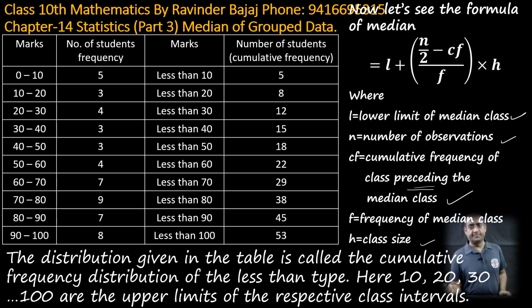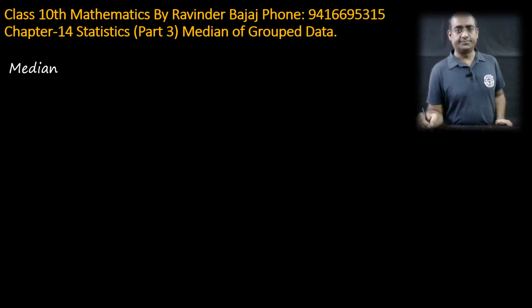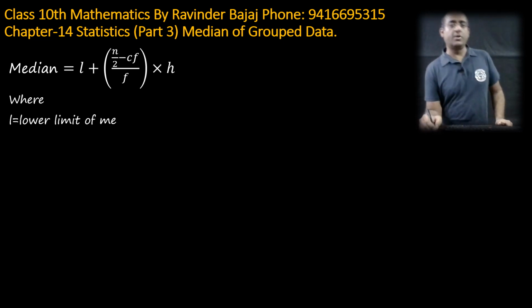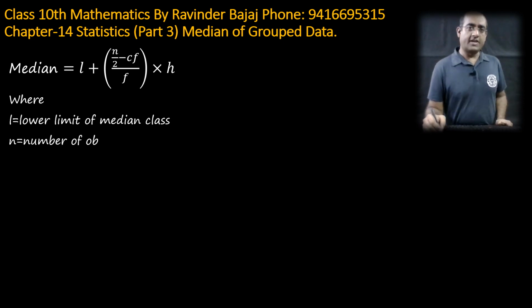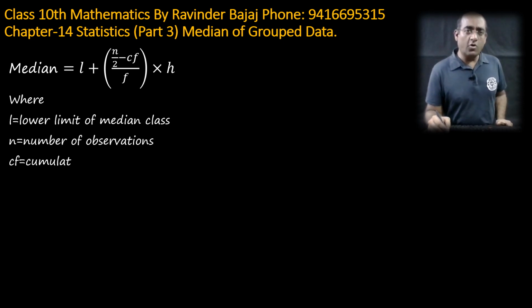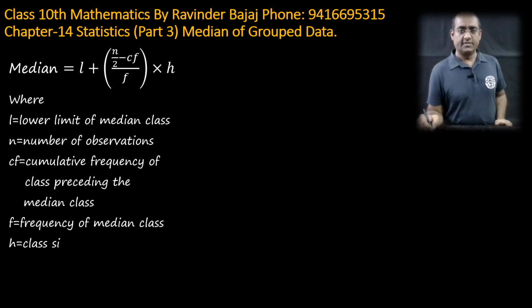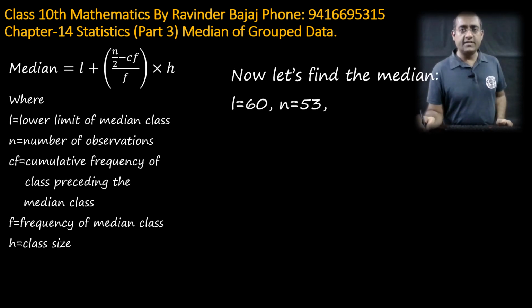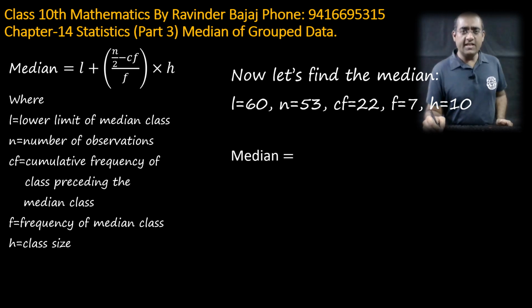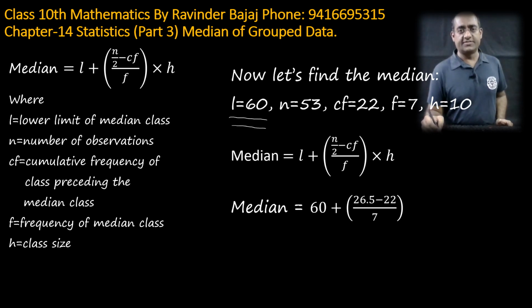See here. Median is equal to this. I'm writing this formula again for you. After writing this formula, I'll put all the values L, N, CF, F, H and solve it for you. Now, let's find the median. L is the lower limit of the median class.